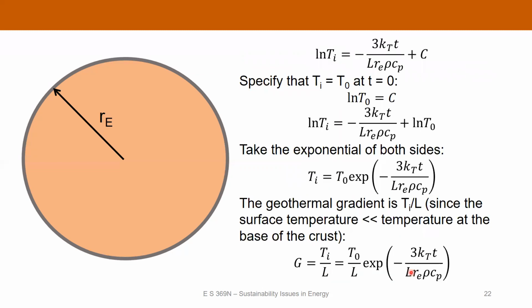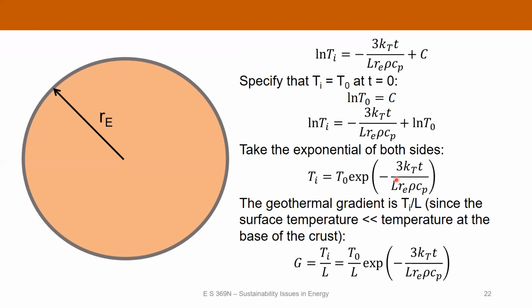Okay, so here's our result, and the boundary condition is that the initial temperature was some T naught at time equals 0. So that means that the constant is simply the natural log of T naught. And so we can have this expression here and take the exponential of both sides. And what we see is that the temperature at the base of the crust is simply going to be given by this expression here.